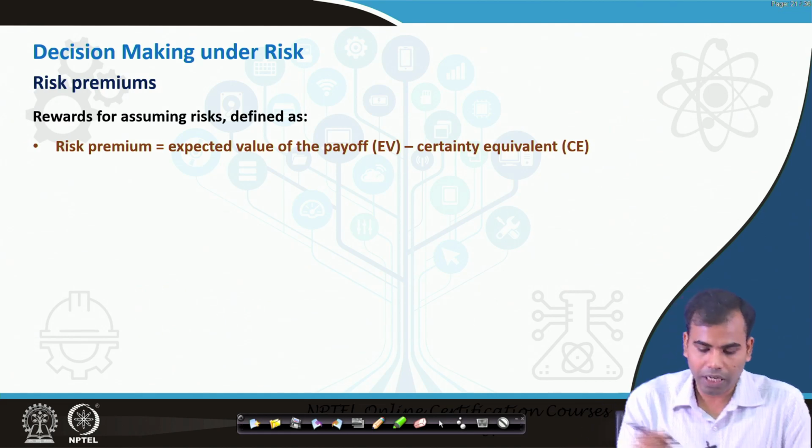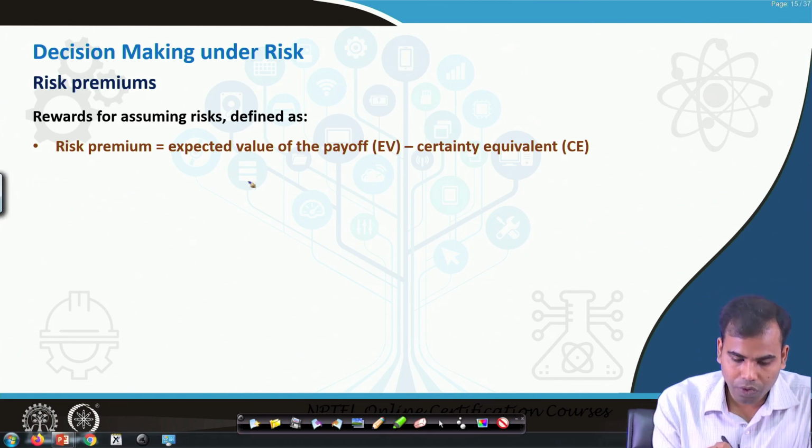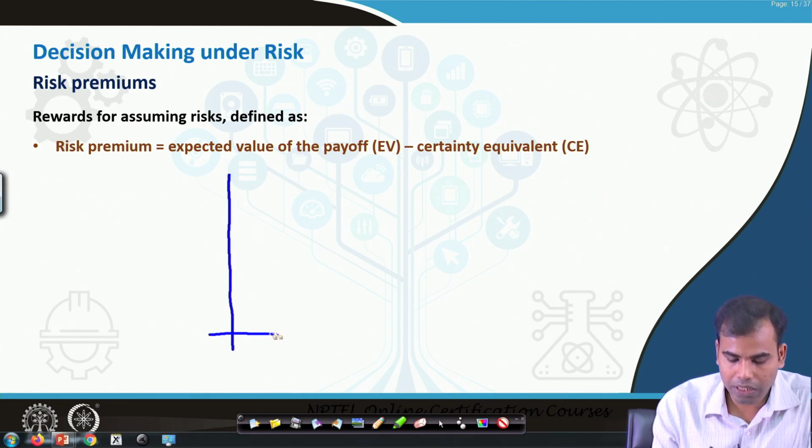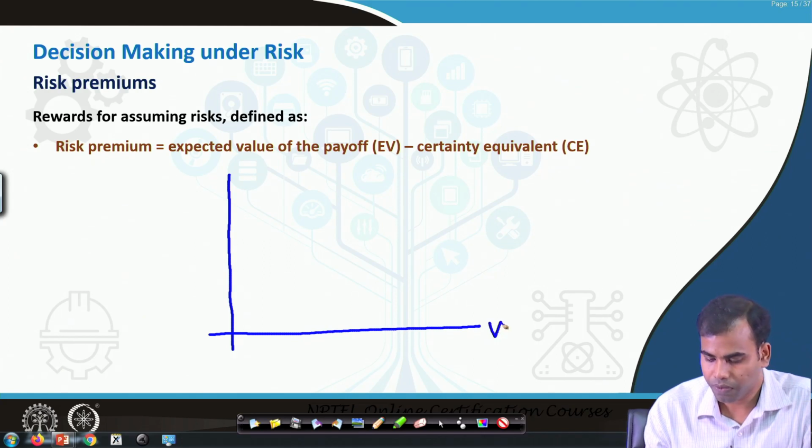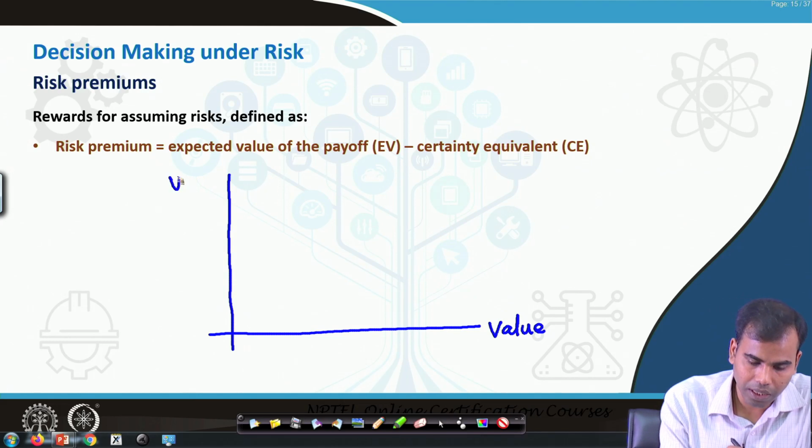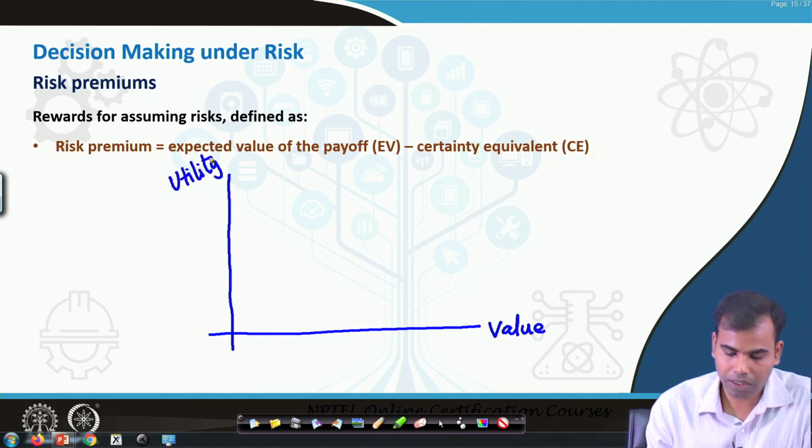If we try to show it through a graph, suppose this is our utility and value curve. We have value on one axis and utility on another axis. We should have a level where the expected payoff can be.